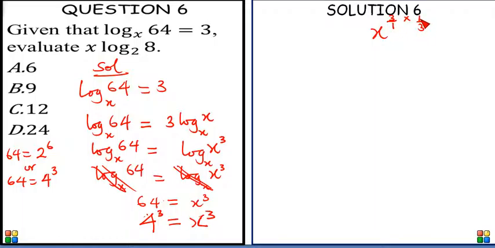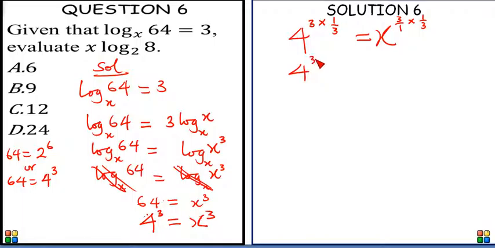Let me write it very properly. x raised to power 3 over 1 times 1 over 3. I multiplied by the inverse of that 3 over 1. Whatever I have done on this side should be done on the other side also. Since you have multiplied this power by 1 over 3, we have to multiply the power of this also by 1 over 3, so that the equation remains balanced.